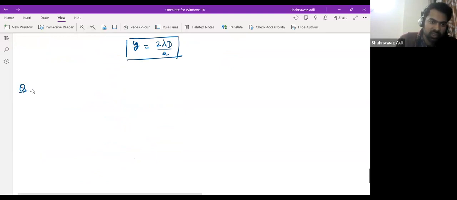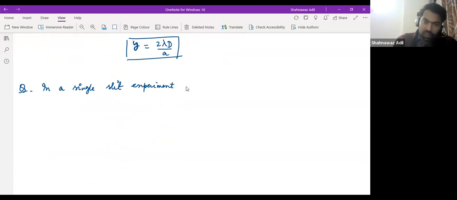The question is: in a single slit experiment, a light of wavelength 600 angstrom. How much is angstrom?